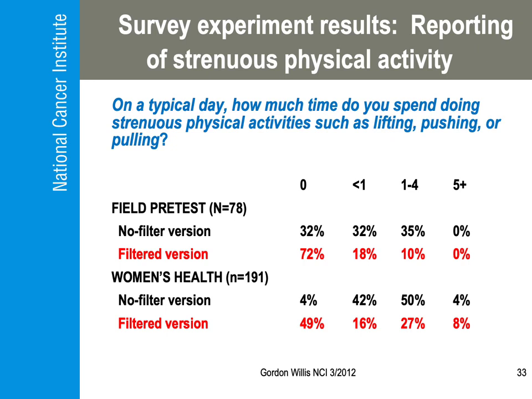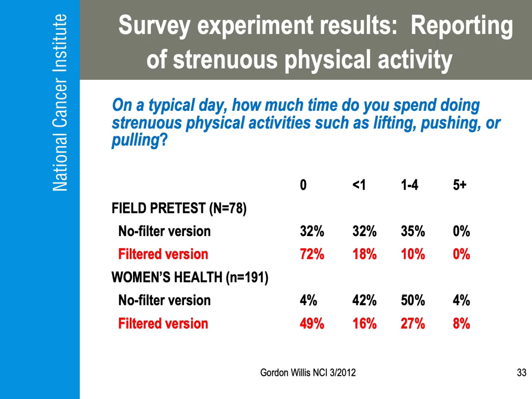In both cases, our hypothesis was that the use of the filtered version, that is, first asking if someone spends any time in strenuous activities, would decrease reporting bias, and so increase the frequency of reports of no strenuous activity. If we're correct, then the reports in this table under 0 should be measurably higher for the filtered version, in red, than for the unfiltered version, in black.